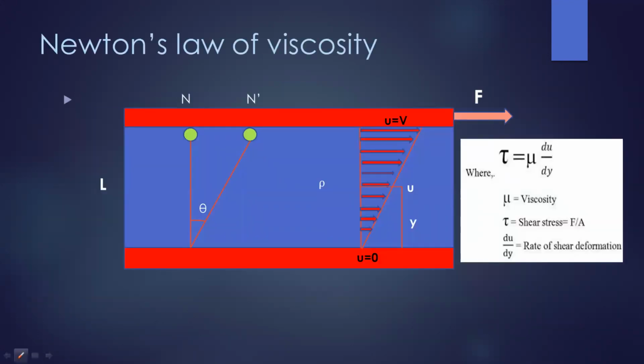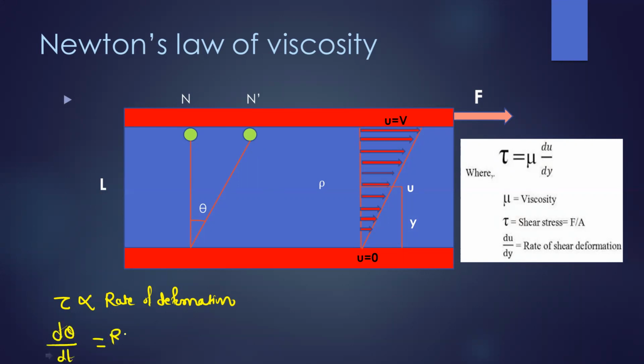So Newton's law of viscosity, its equation becomes tau is directly proportional to the rate of deformation. Okay, this rate of deformation from this geometry is given as d theta upon dt.